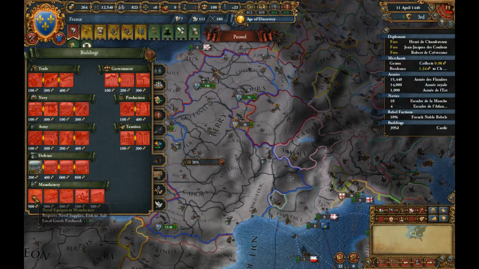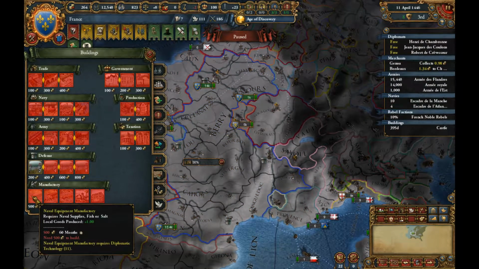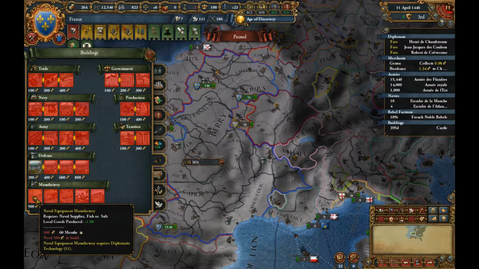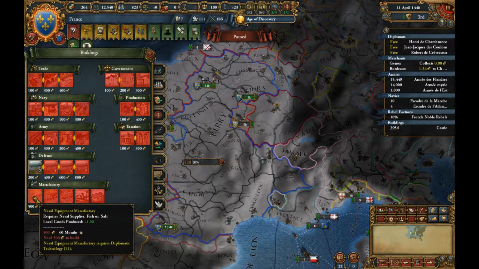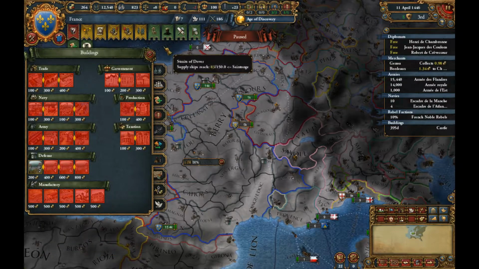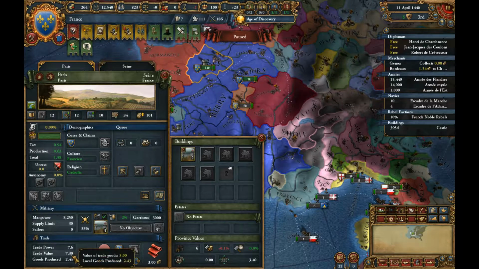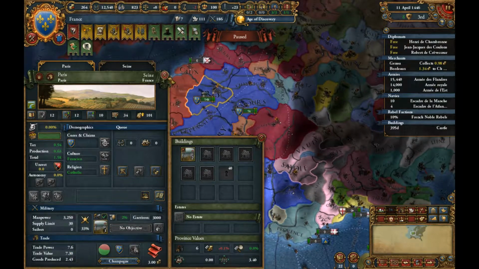And if you build a manufactory in a province, it not only significantly boosts your production income, but, and that's the other point, it also increases the trade value of the province, so it also increases your trade income.